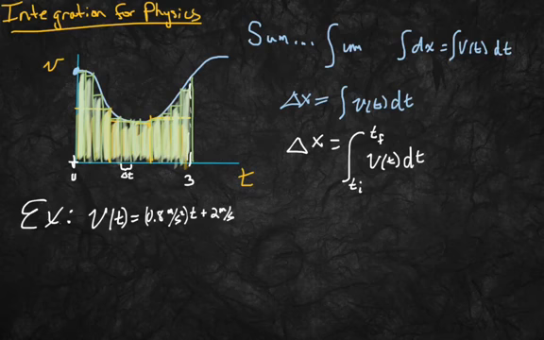So, that equation winds up being 0.8 meters per second squared, because that is the slope of the velocity time graph, so we know that's an acceleration, so those are the units for it, times time, plus our 2 meters per second, which is where we started. This is our v naught. Yeah? Are we good there? Okay, this is v of t equals a t plus v naught. All right.